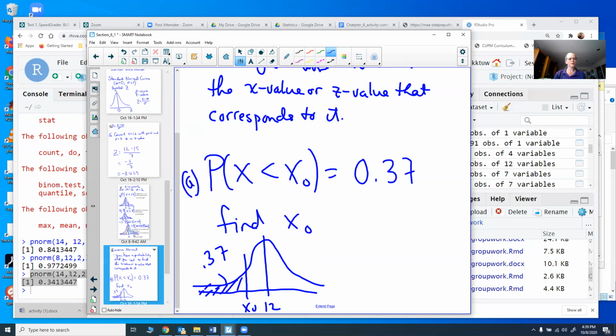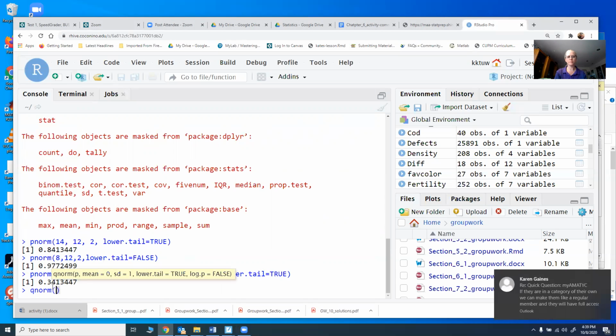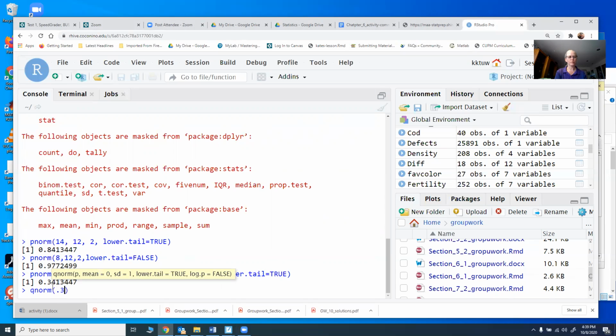So again, I'm going to go back to RStudio to do this. The command for this is called qnorm. Instead of pnorm, it's qnorm. I've got my p-value, which is the 0.37. Make sure you put it as a decimal, not a percent. Then my mean of 12, my standard deviation of 2. And lower.tail equals, in this case, true, because we are shading the lower tail. Any time you're less than, your lower tail is true; if you're greater than, your lower tail is false.